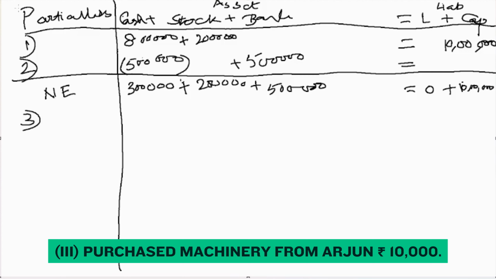When we buy machinery, it is also an asset. So over here, we are going to add another column called machinery. When we are adding machinery as an asset, over here we are going to add 10,000, and over here in liabilities we are going to add 10,000.